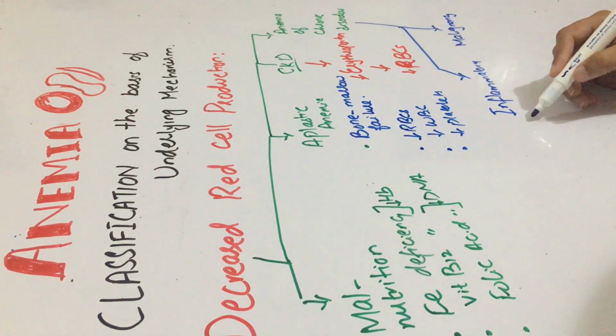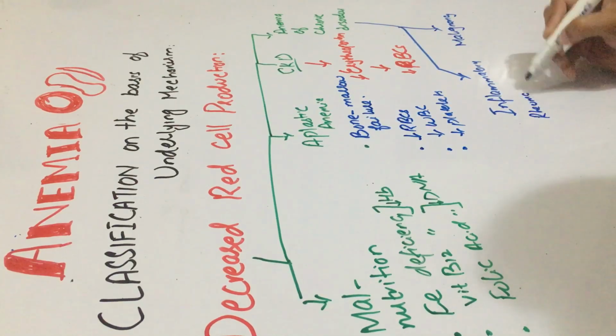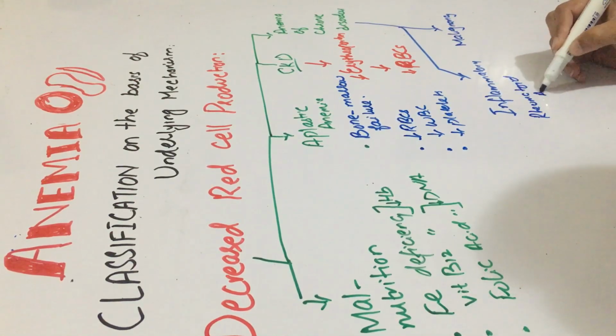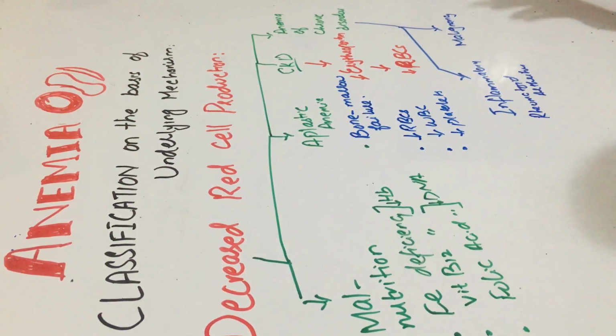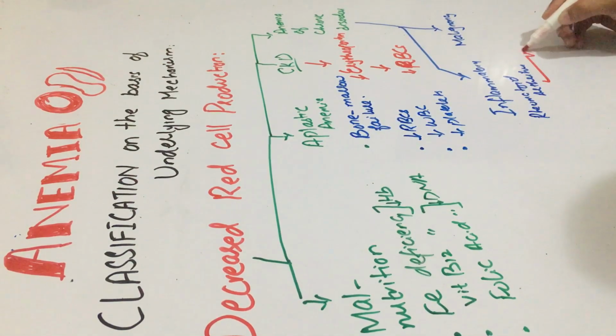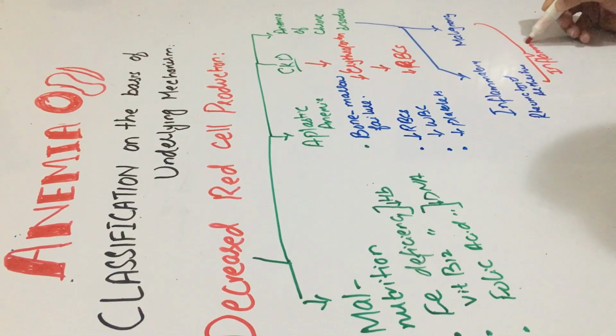So in inflammatory conditions like rheumatoid arthritis, and malignancy, which could be various, either there is a CA breast or a CA lung, what occurs in these conditions? Actually, inflammatory cytokines are produced.